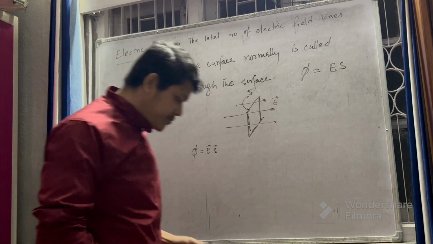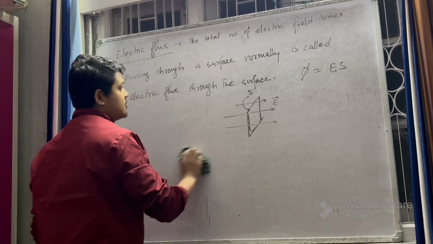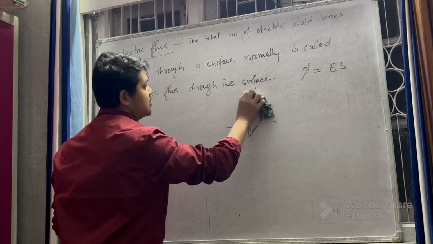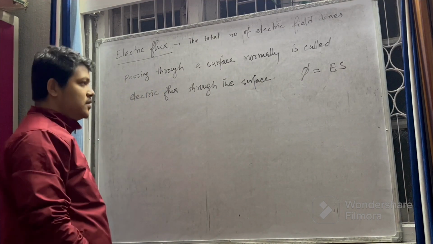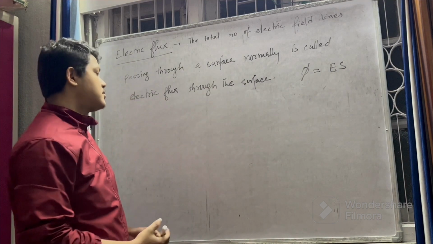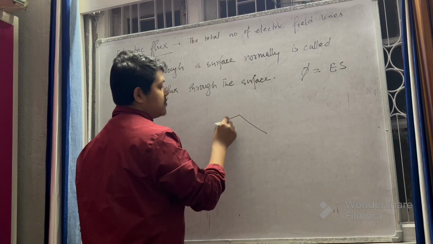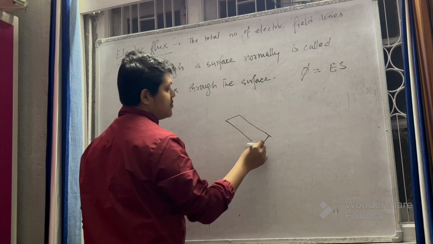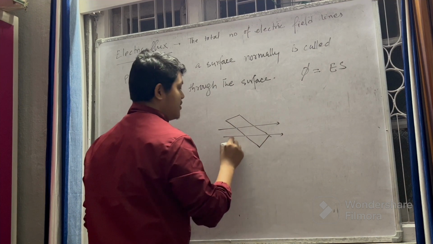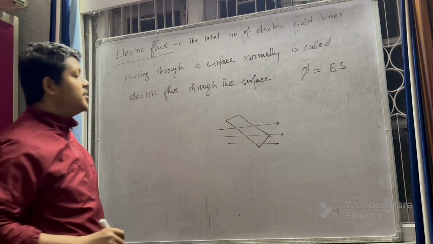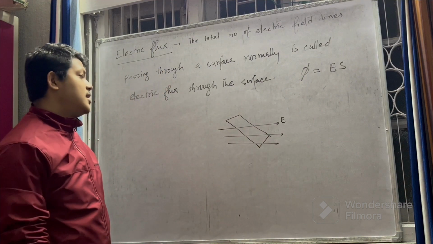Now you see, let me take this case now. Now this is the surface, suppose, and these are electric field lines, which are not perpendicular to this surface now.